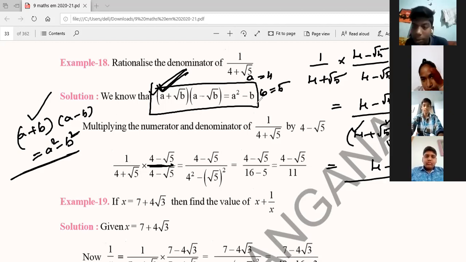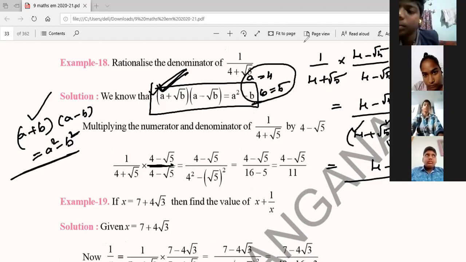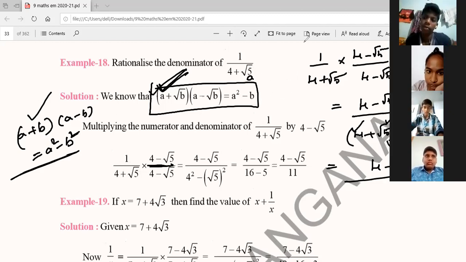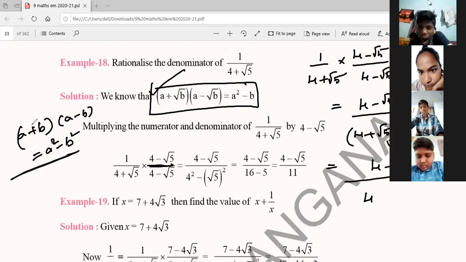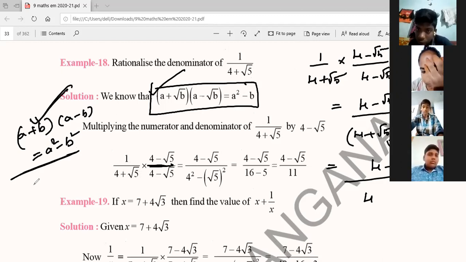The textbook has already given this formula, so I am using it.